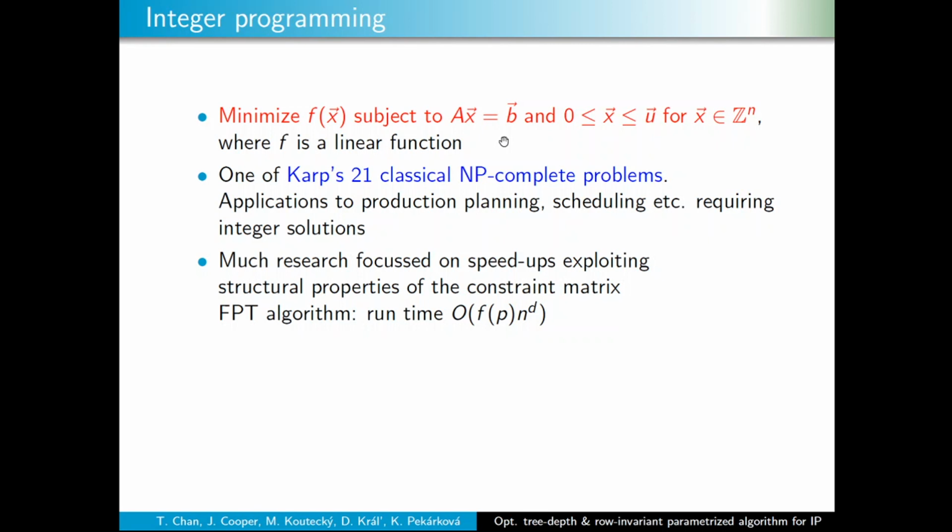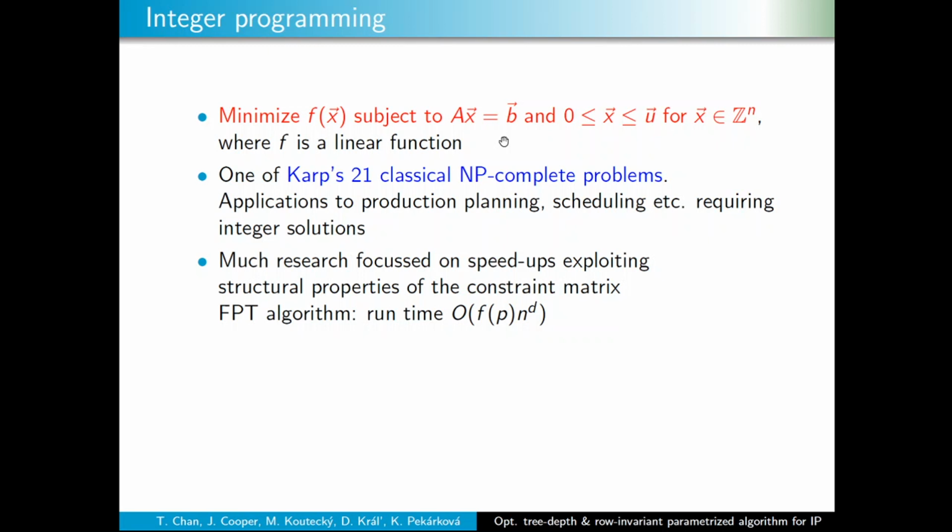Of course, this is actually what distinguishes integer programming from linear programming. But unlike linear programming, which is polytime solvable, integer programming is well known to be NP-hard. In fact, it's still NP-hard even when the variables in x are restricted to 0 or 1. This is actually one of Karp's classic 21 NP-complete problems.